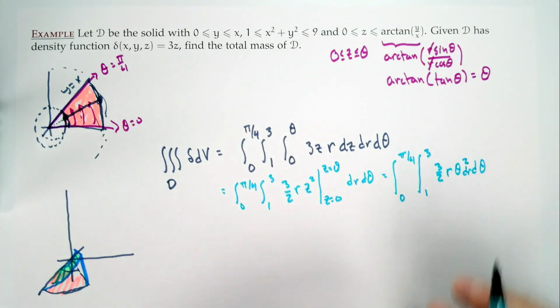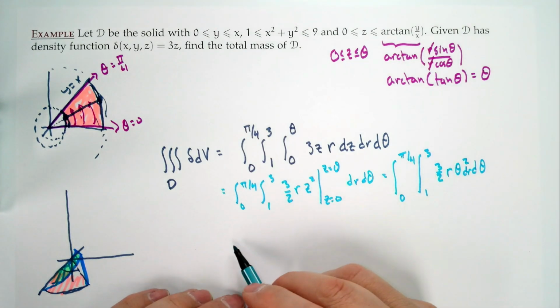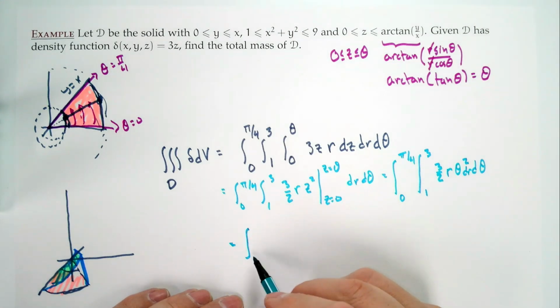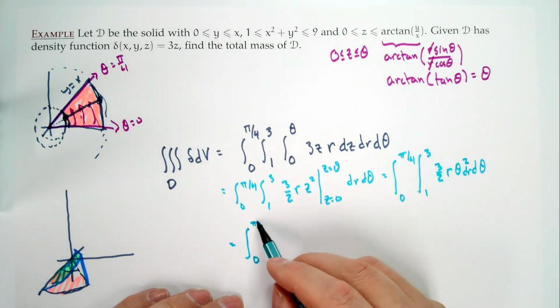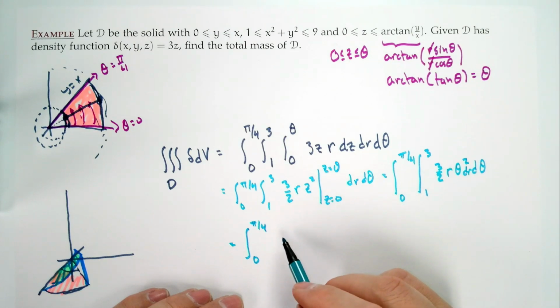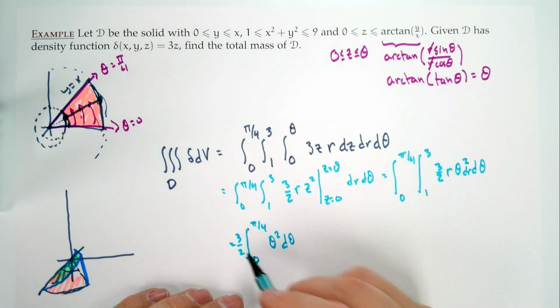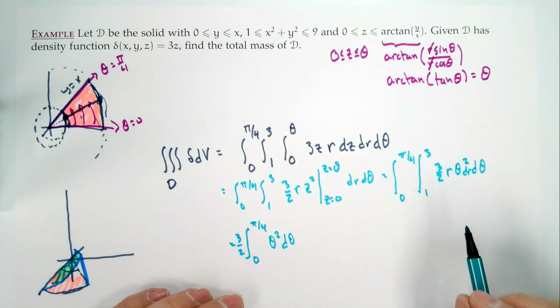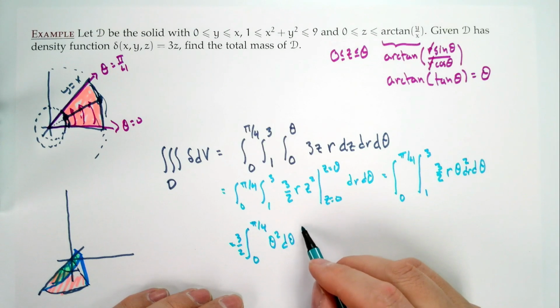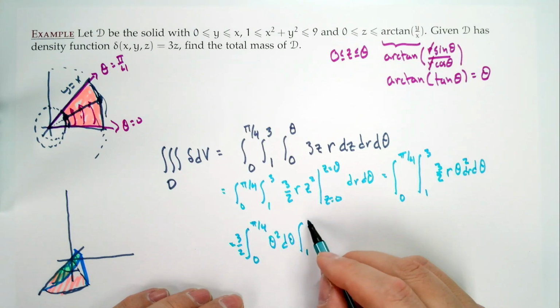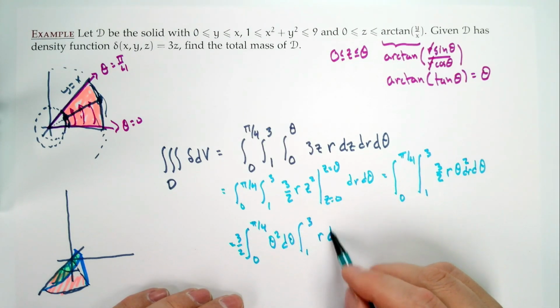Now we can actually pull it apart because nothing's mixed together. So this becomes the integral 0 to pi fourths of theta squared d theta, and of course, don't forget the 3 halves. I'll put that out in front because I don't know where it goes yet. And then we have the integral from 1 to 3 of r dr.